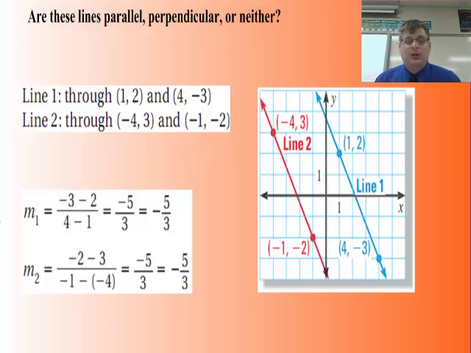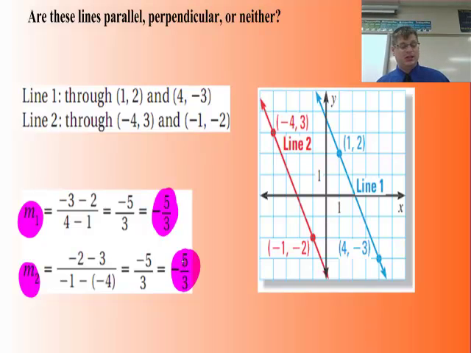So line 1 goes through (1, 2) and (4, -3), and line 2 goes through (-4, 3) and (-1, -2). Again, we would use that formula, y2 minus y1 over x2 minus x1, and we would find the slopes for both of these to be exactly the same. Now, that may mean that they're parallel, and I'm saying may because we have to know that they have different y-intercepts.